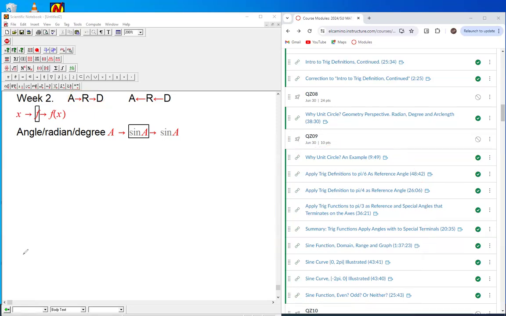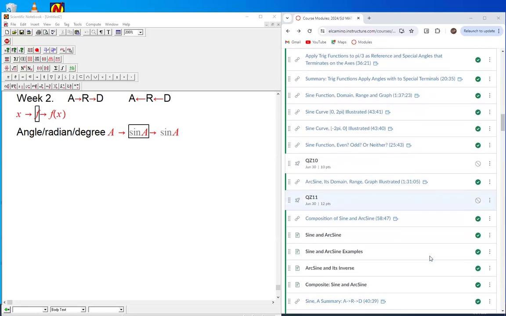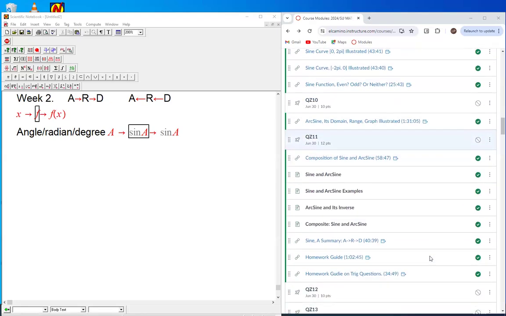Next, after quiz number 10, is D to A. A to D is that from the angle, you get the ratio. Sine ratio is defined. And D to A is about arcsine. It has its own domain and range, as this lesson is talking about the how and the why.